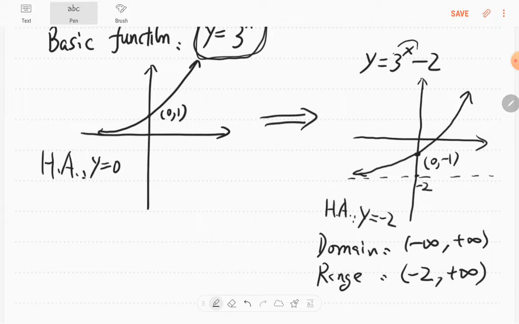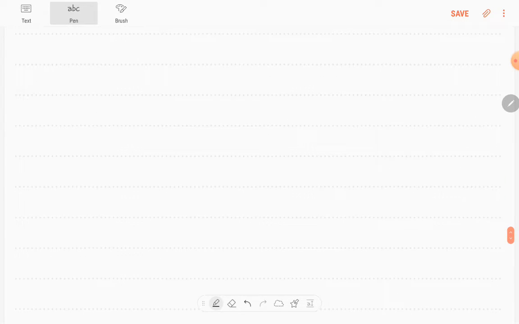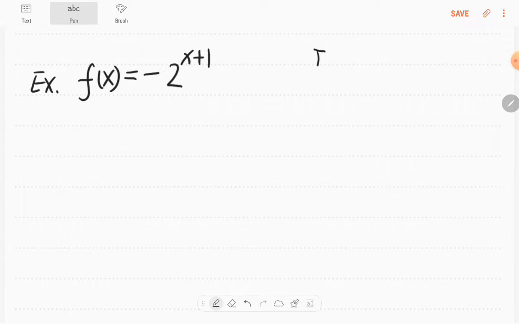Okay, so now let's look at another example. We still want to look at the graph for the function -2 to the x plus 1. Here is one thing: -2 to the x plus 1 is not the same as (-2) to the x plus 1.